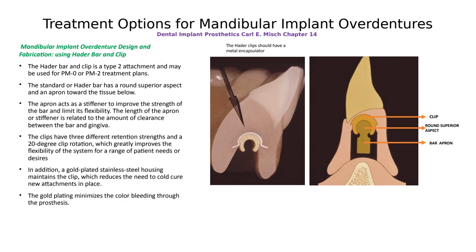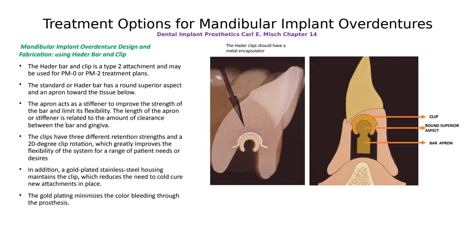That metal piece is the clip, and that's the one that is processed into the denture. Then we have that plastic element, that's the retention element, and that's what's grabbing the bar.